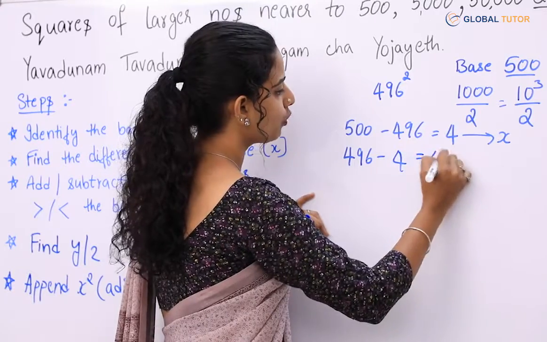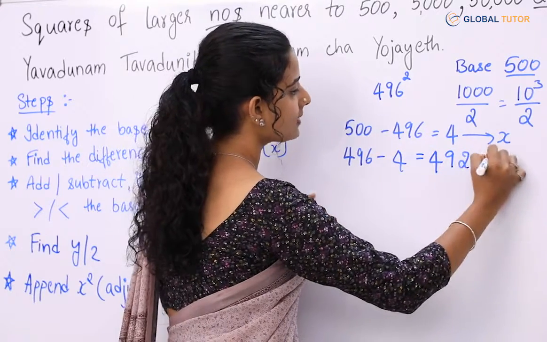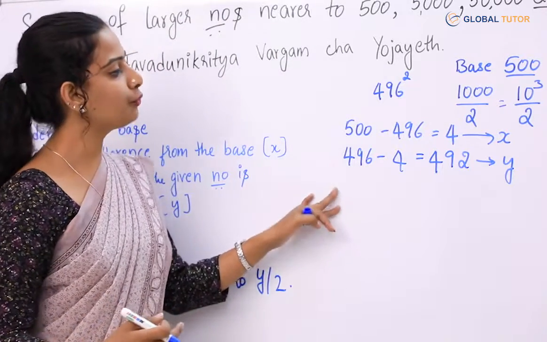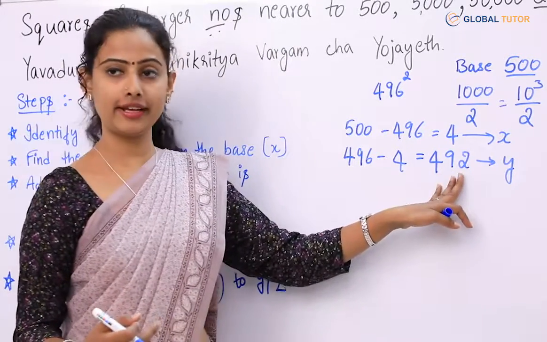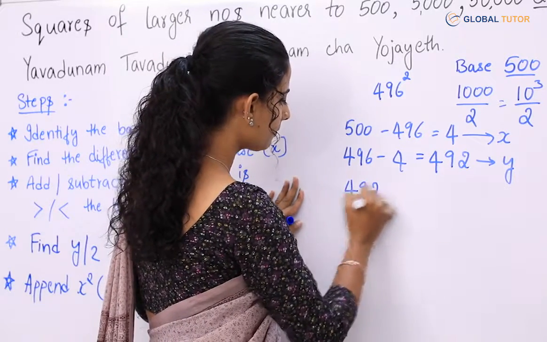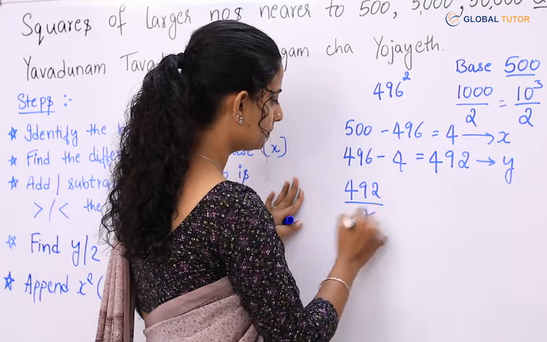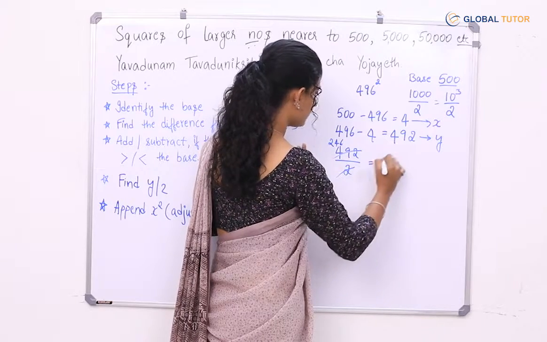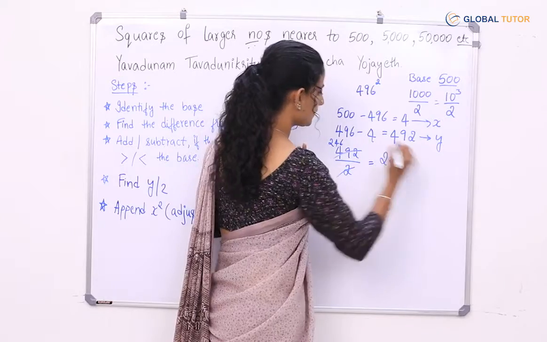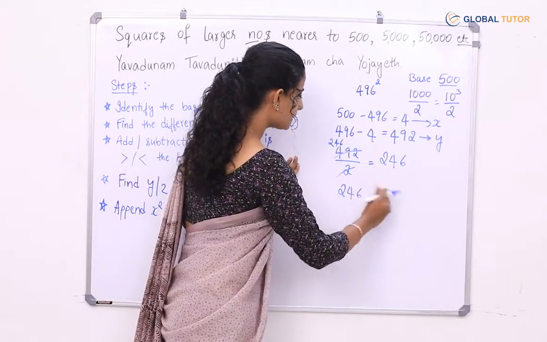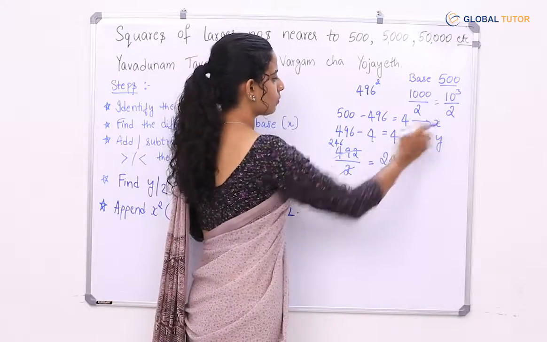It will be 492, and let's call this y. Now the third step is to find half of y, which is 492 divided by 2. This will be 246. Now we write 246, against which we will write x square.